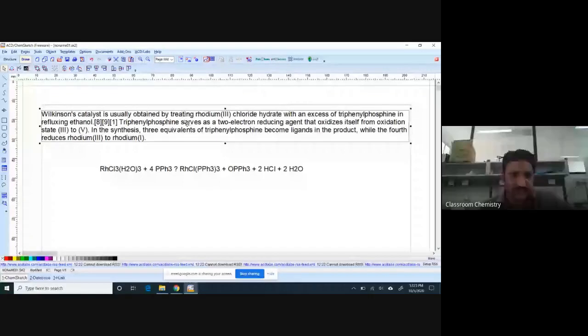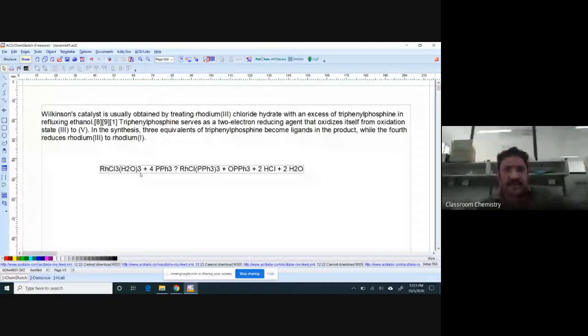Okay. So you have to see rhodium chloride hydrate. This is the rhodium chloride hydrate, RhCl3·H2O. Wilkinson's catalyst is usually obtained by treating rhodium(III) chloride hydrate with an excess of triphenylphosphine.